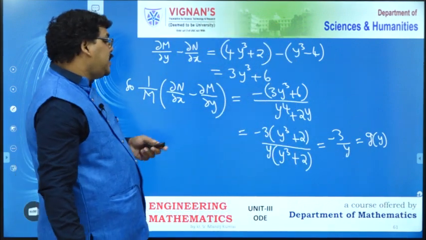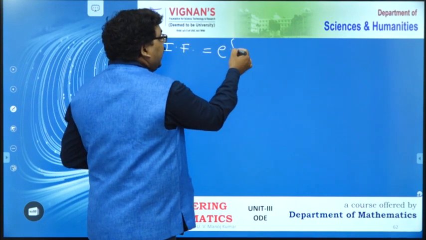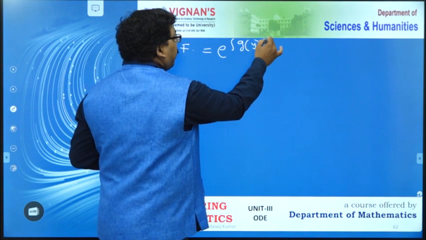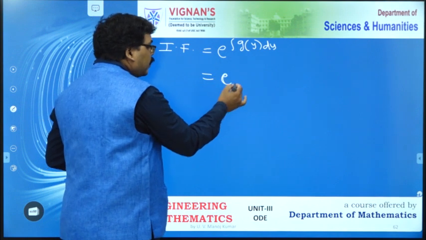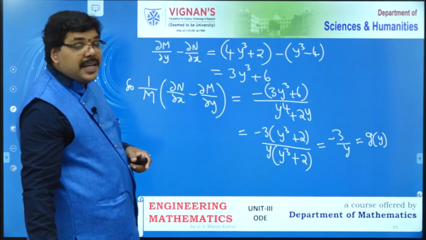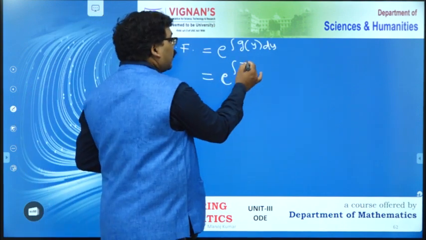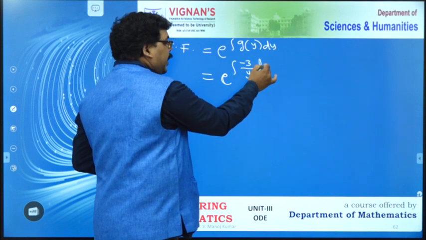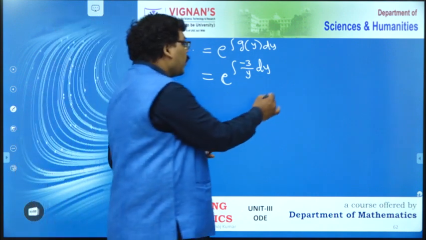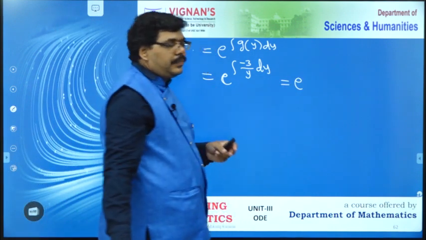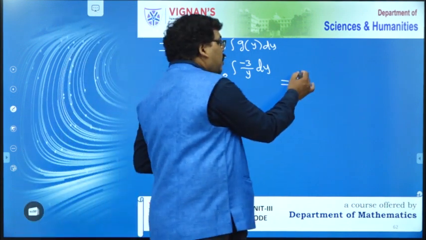Then the integrating factor is e power integral g of y dy. E power, what is g of y? Minus 3 by y dy. So if you integrate it, e power minus 3 is constant, integral of 1 by y is log y.